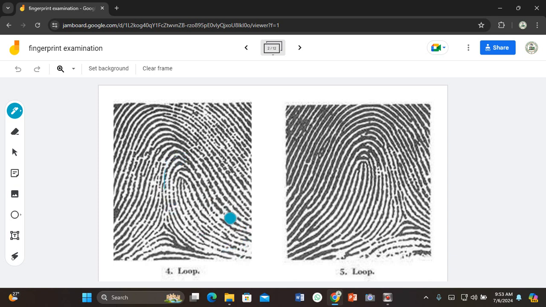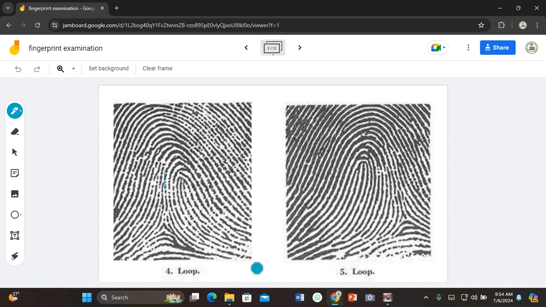Look at the innermost lines, just concentrate on them. They move in from one side and they go out of the same side. That is characteristic of a loop. They have the curves that are going in and coming out of the same side.